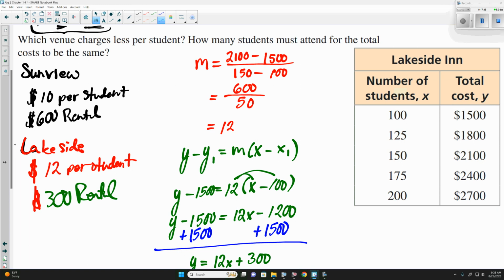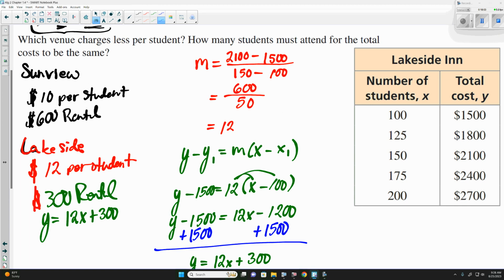So, any questions on how we got these two equations? Do we feel comfortable with getting the equations for Sunview prom venue? I hope so, because they gave us Sunview's. At Lakeside, we also got, because we had to find it, our 12x plus 300.